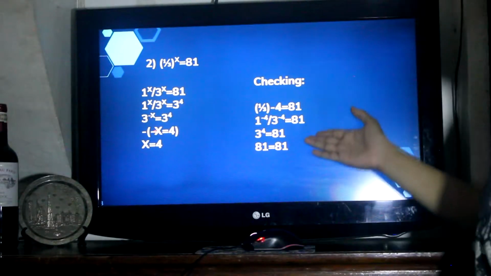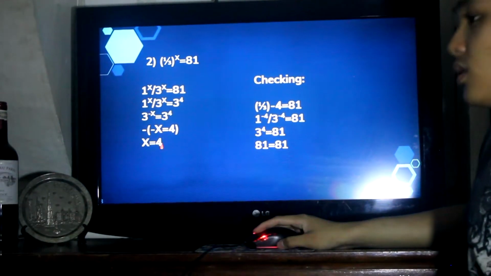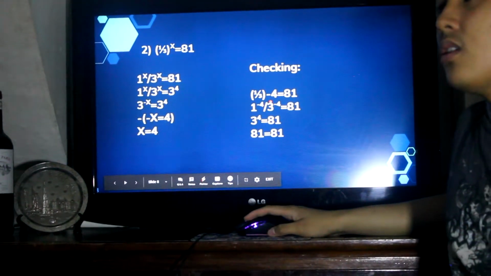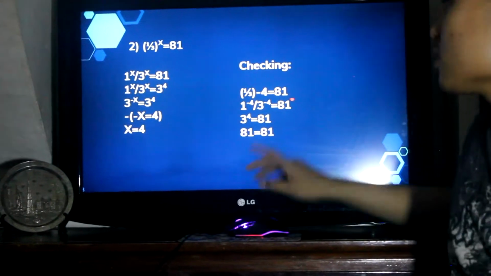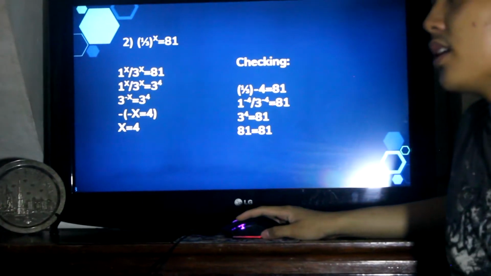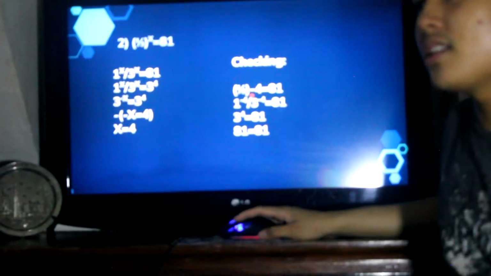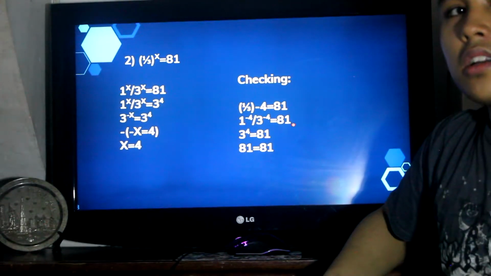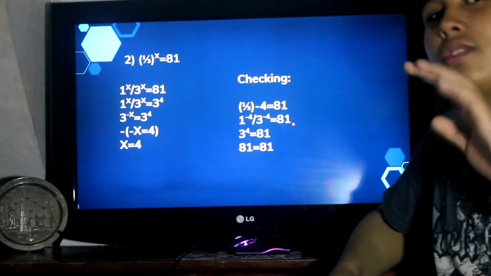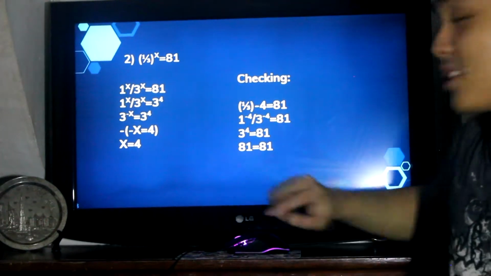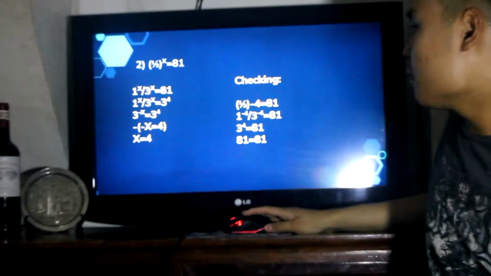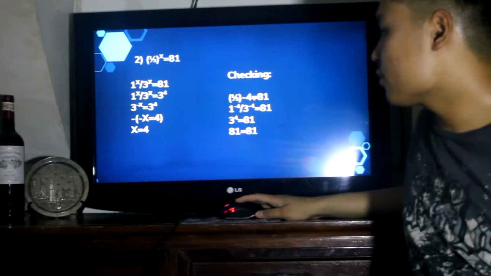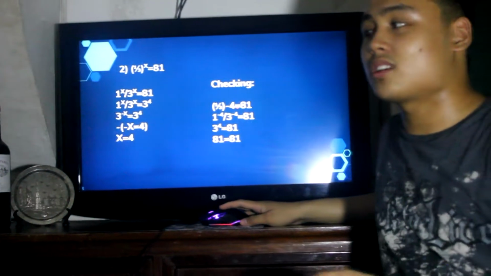So, let's try and i-check kung tama. 1/3 raised to x raised to negative 4 is equals to 81. So, distribute natin yung negative 4, magiging 1 raised to negative 4 over 3 raised to negative 4 is equals to 81. Using the law na kapag merong negative sa exponent, pag binaliktad ko to is 3 raised to 4 over 1 raised to 4.